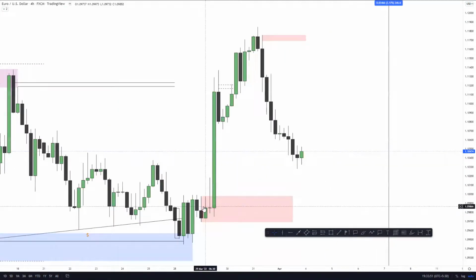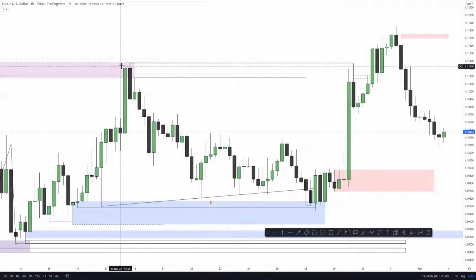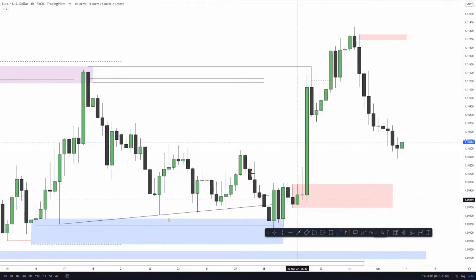This last bearish candle, which is responsible for this move. So we have a minor break in market structure. Sorry, major, like on 4 hours, this is our last high and this is our last low. So price has taken out these swing highs, higher lows, lower highs, lower lows.